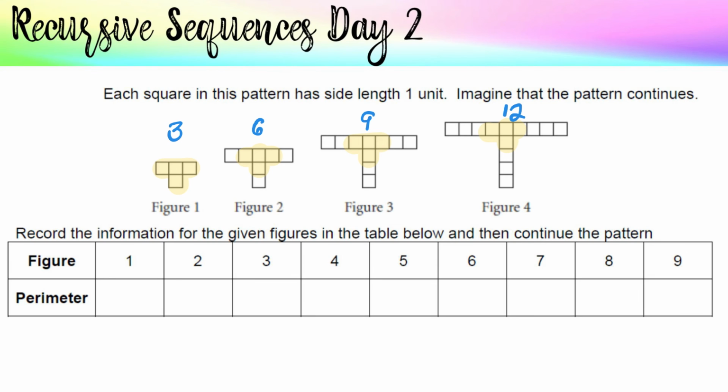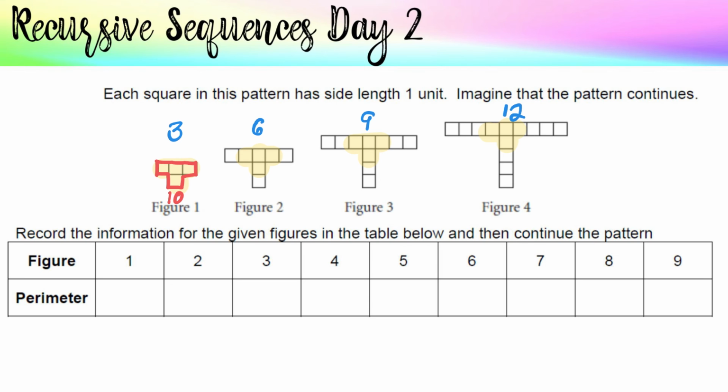So now that we have that information, we also have the perimeter. Now that's a little different. For the perimeter, I'm going to calculate that using red notation. So we have 1, 2, 3, 4, 5, 6, 7, 8, 9, 10.